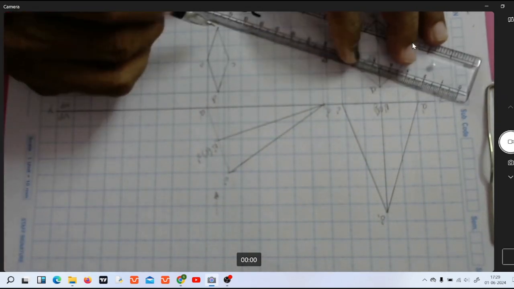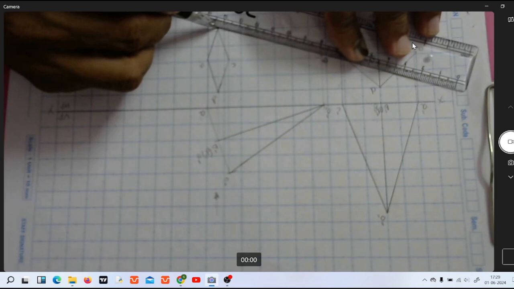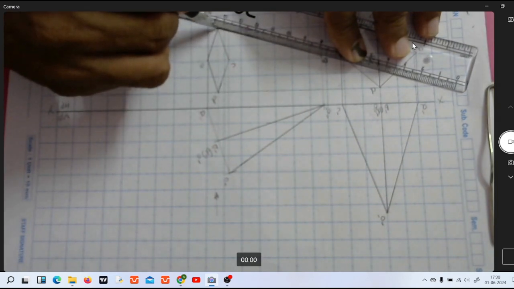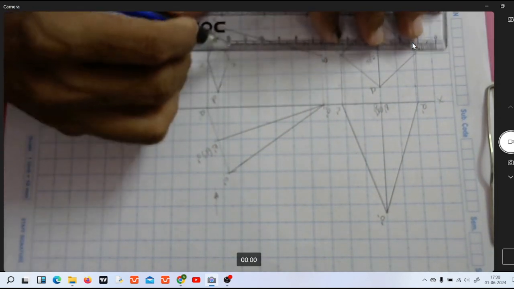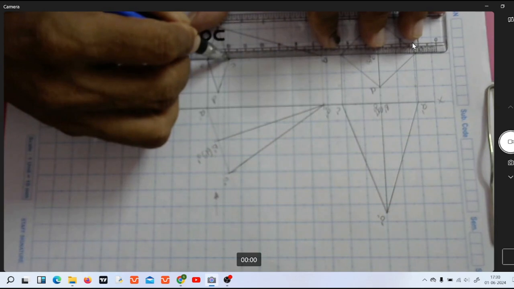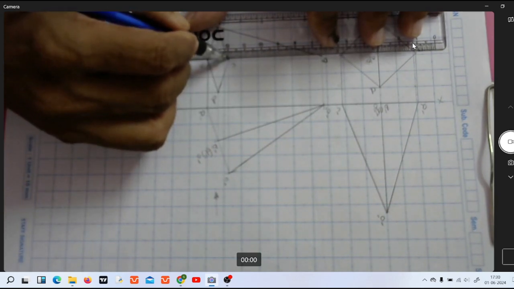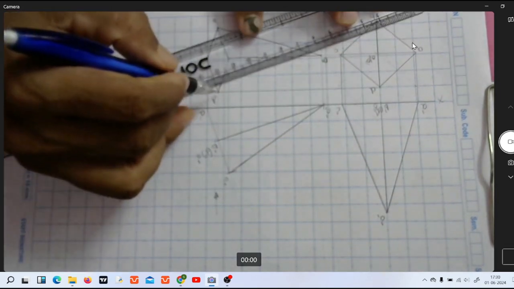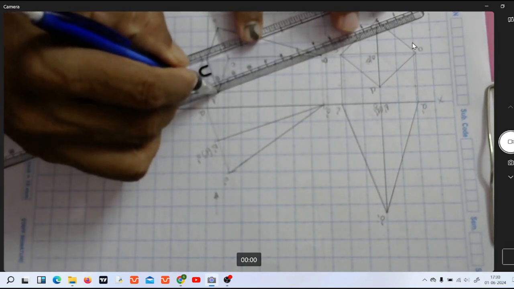Now connect the slant edges. First I will go for the visible slant edges. So this BD is clearly visible, BO1 is clearly visible, CO1 is clearly visible from the top, and DO1 is clearly visible.